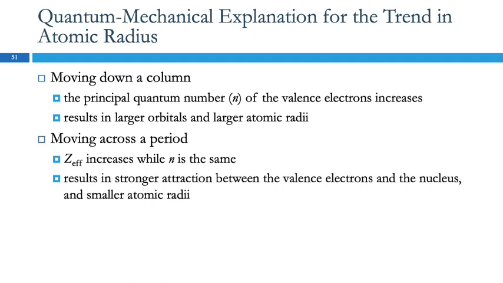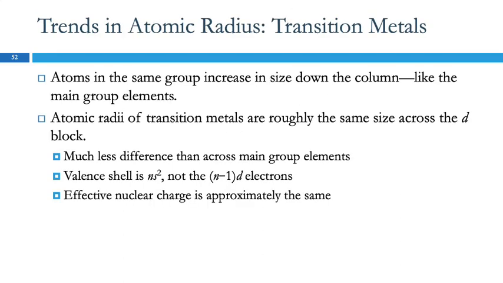Questions? What about the transition metals? We see the same trend in group size as we go down a column, just like the main group elements. But as we go across the d block, there's a lot less difference in size than we see in the main group elements.